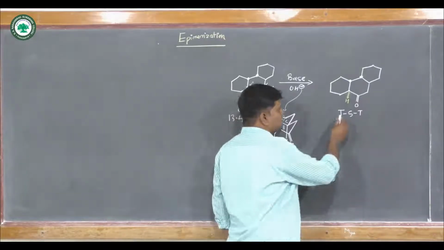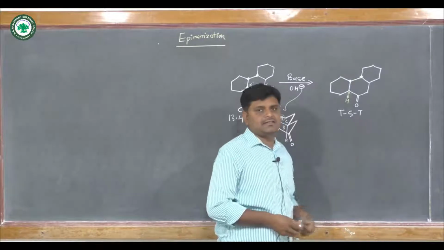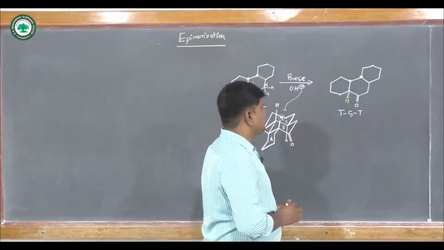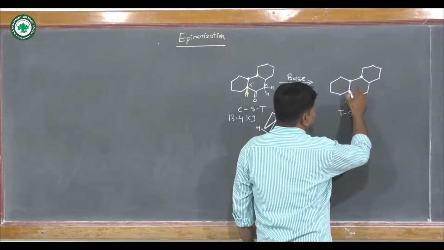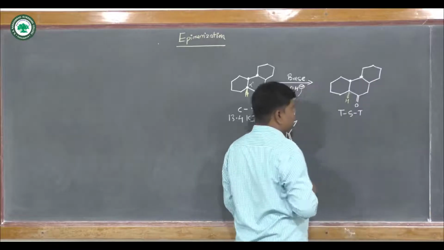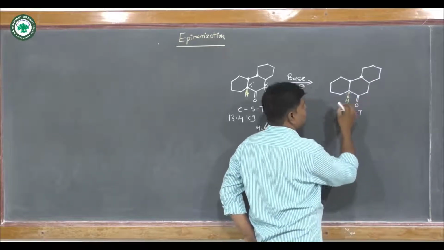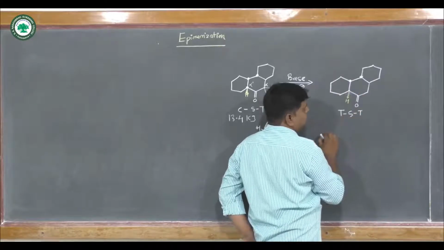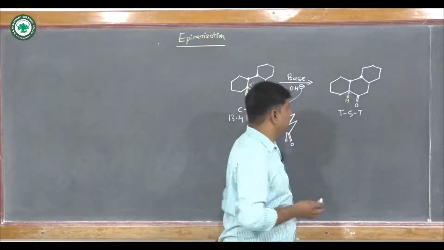But when we go for this structure, trans, syn, trans, this one is trans, this one is syn, and this one is trans. In this case the stereochemistry changes only at this center, because that proton is the alpha proton, okay.